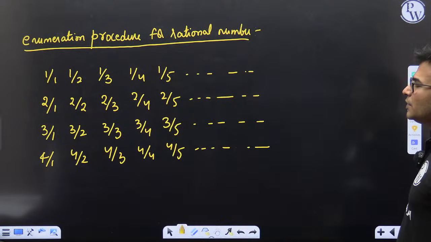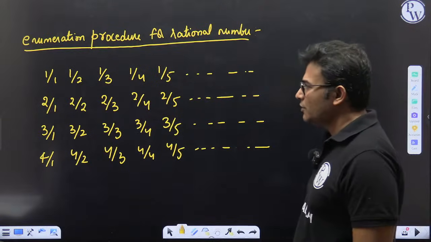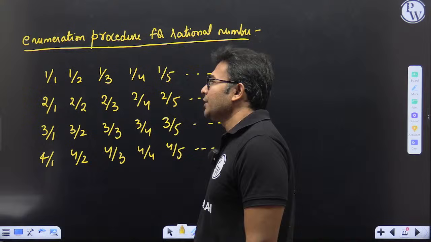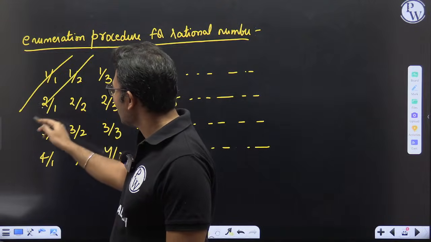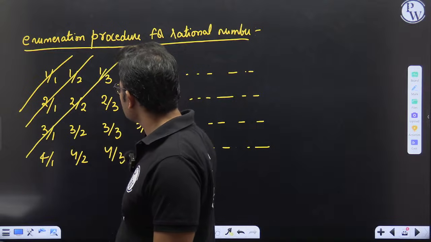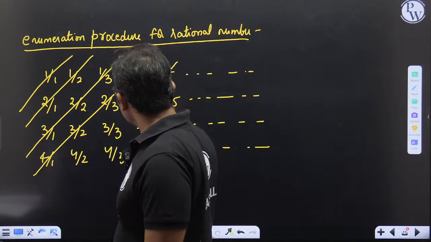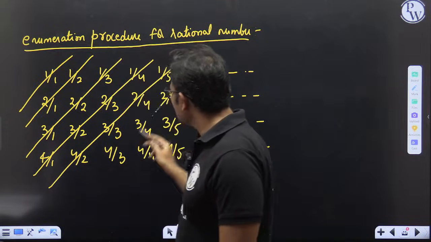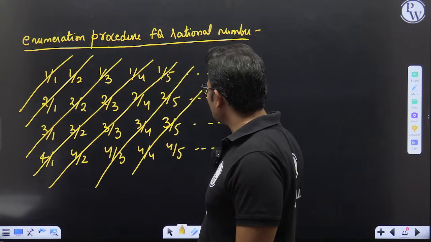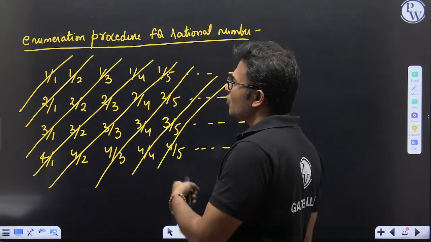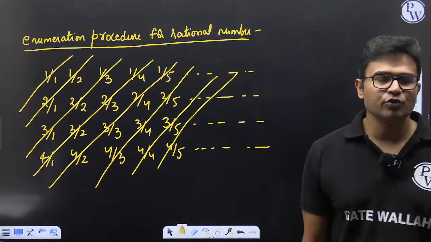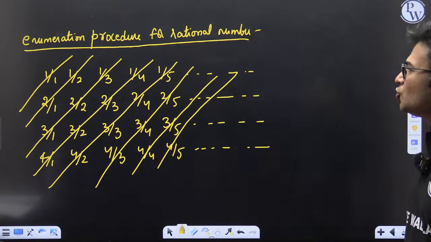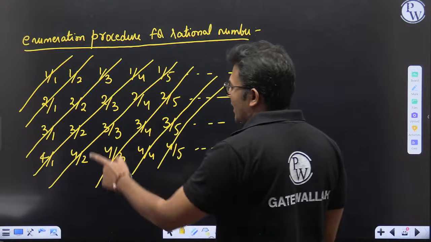So what could be the other method that we could propose in such a way that all the numbers are generated? We go diagonally, which means we generate this, then this, then this, and so on. If you go diagonally, then all the numbers are going to be generated after some amount of time, and this is the enumeration procedure. So what is the enumeration procedure? Go diagonal by diagonal.